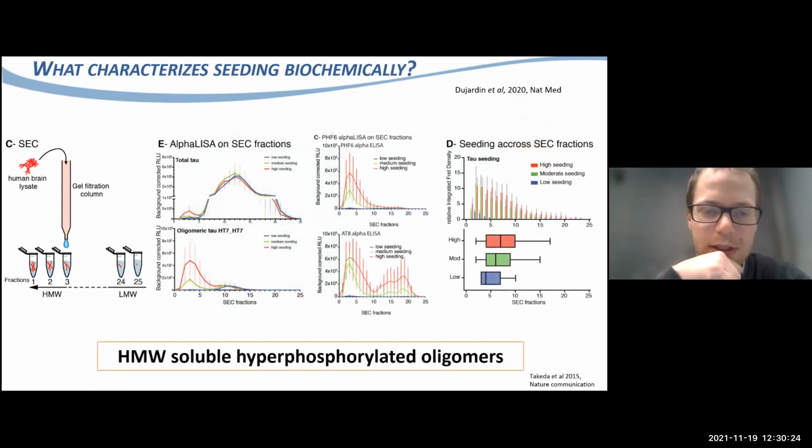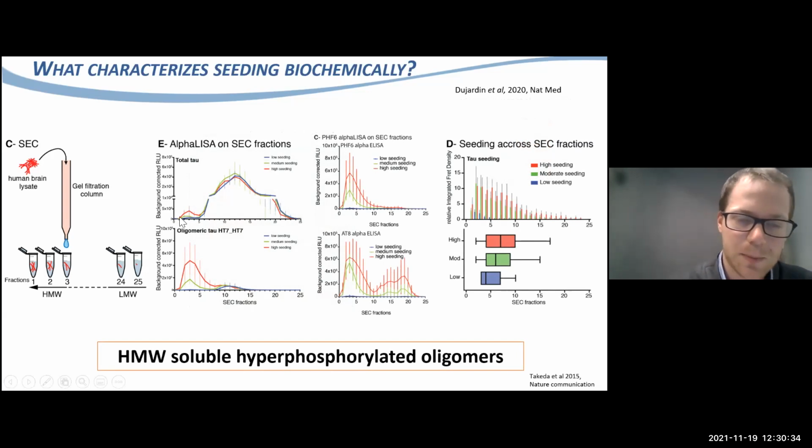But what was interesting is we put that back into this alpha ELISA to understand where the tau was. If you do a total tau, you can see that most of the tau falls around fractions 10 to 15, and that's where it's expected to be, because that's the molecular weight of the monomeric tau.